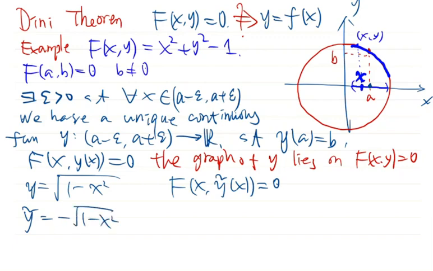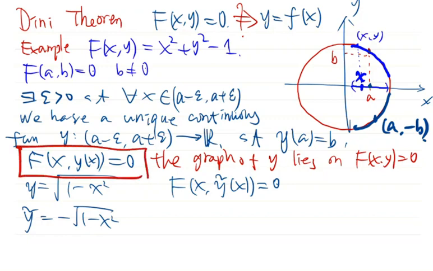But for that function, the graph is here. That function does not pass the point (a,b). Actually, it passes the point (a, minus b). Okay, so only one continuous function passes the given point (a,b) and satisfies the original equation F(x,y) = 0.